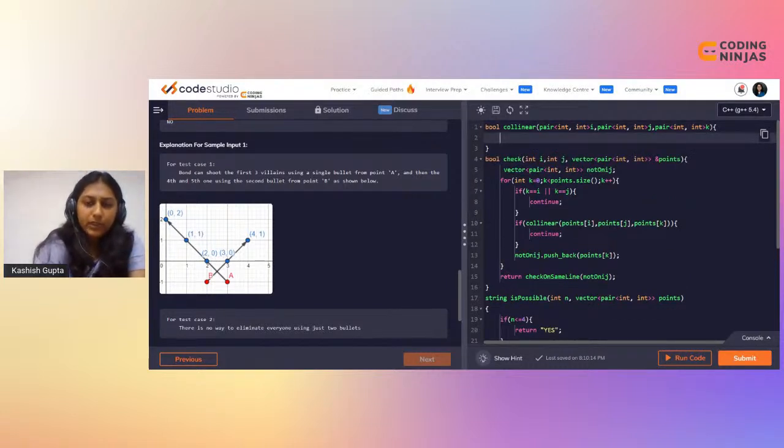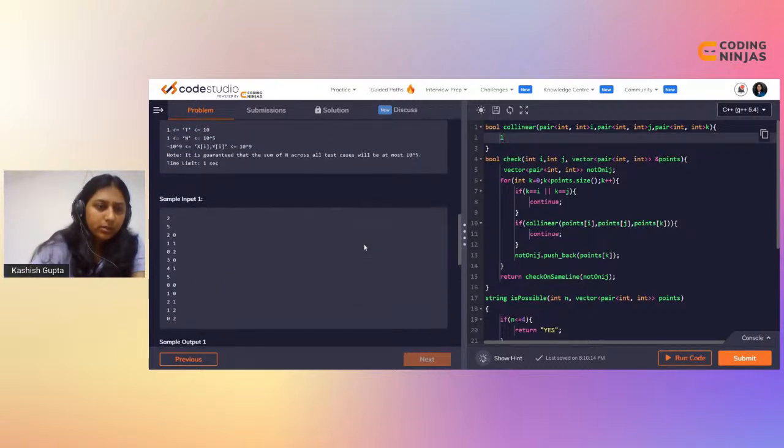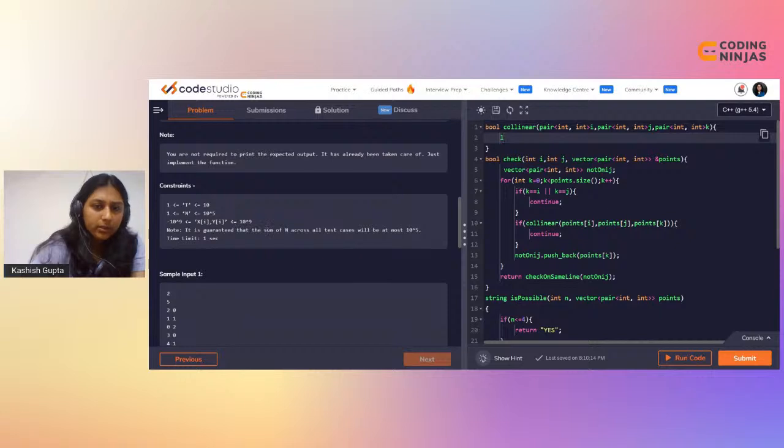So we had to add three things, and the constraints are 10 raised to 9, so we'll take long a equals, because these are all present in int and we are converting it into long by multiplying, so that there is no loss of value.